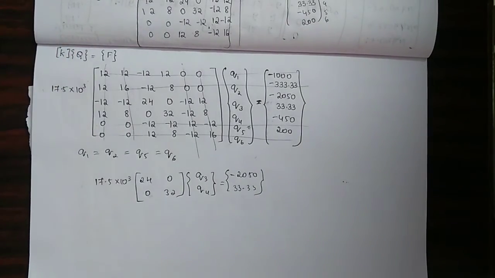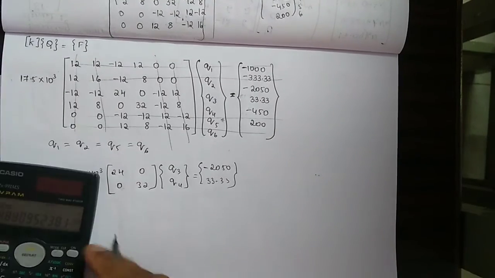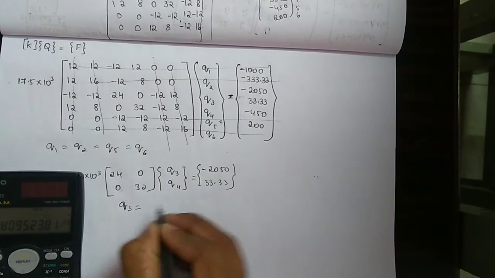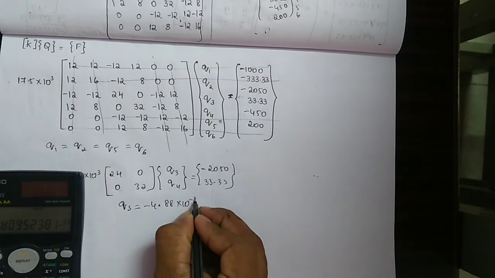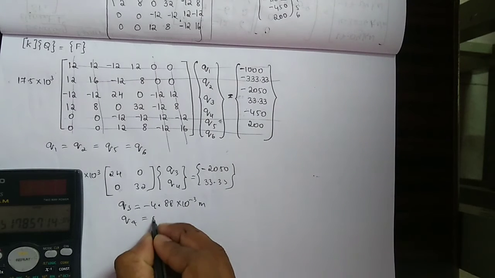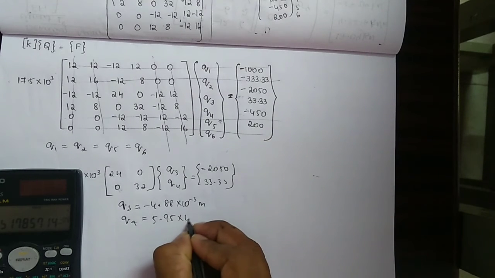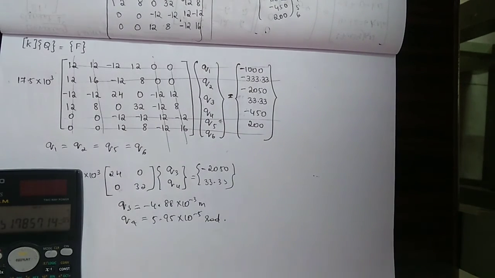From the calculator we can find that Q3 is equal to minus 4.88 into 10 raised to minus 3 meters and Q4 is 5.95 into 10 raised to minus 5 radians. So these are the two values of deflection and slope. This is the end of the problem.